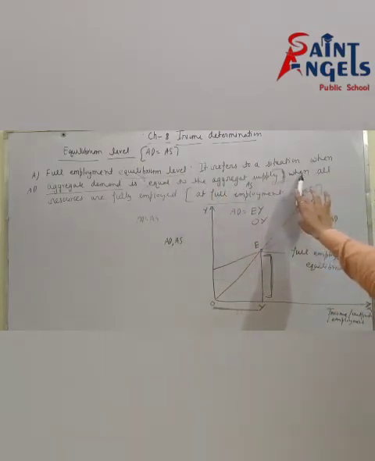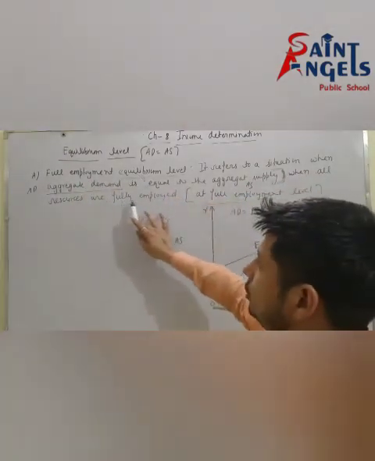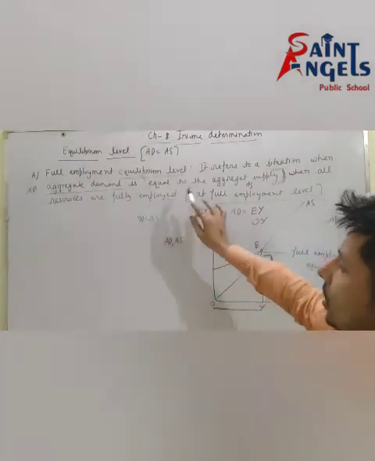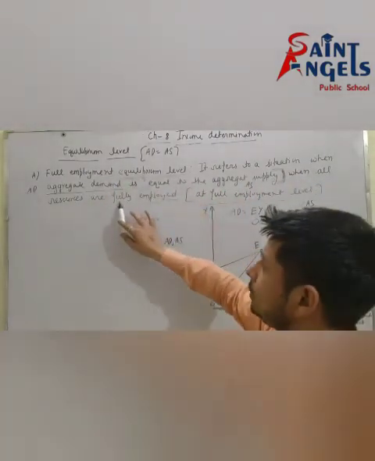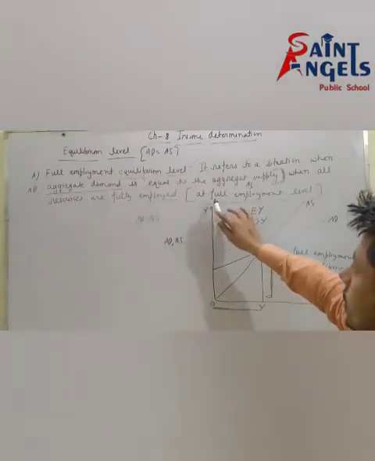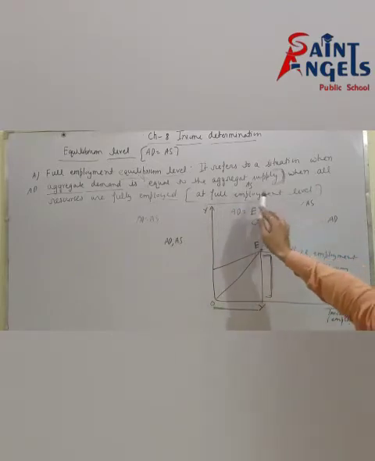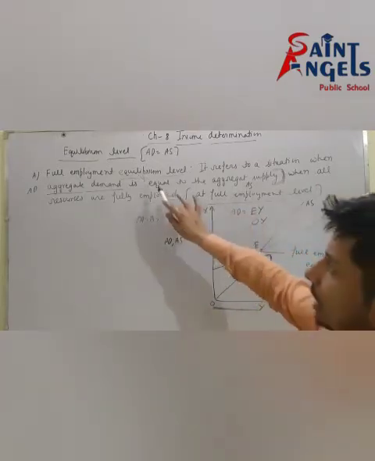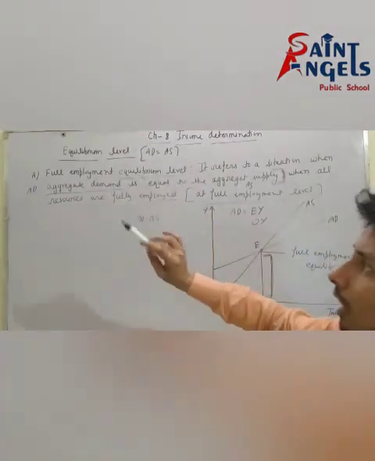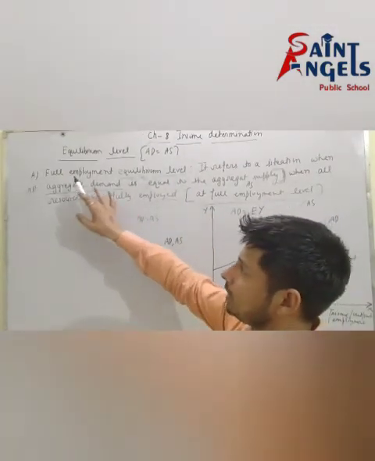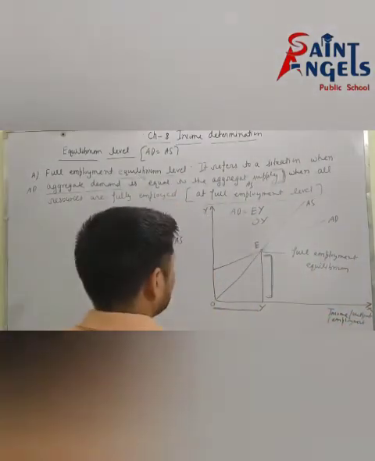If here it is full employment, you write: when all resources are fully employed or utilized. And if here it is underemployment, you write: when all resources are not fully employed. I hope all of you have understood how you will define full employment equilibrium level and underemployment equilibrium level.